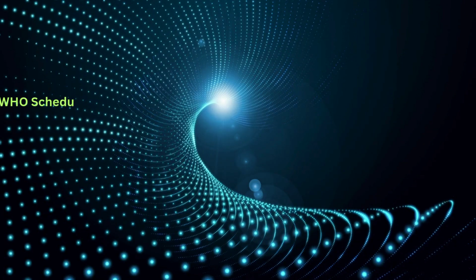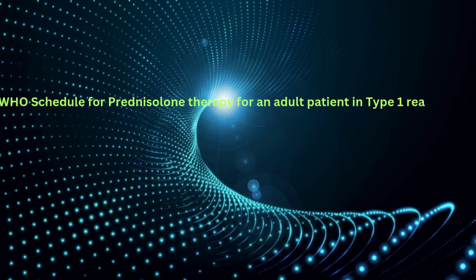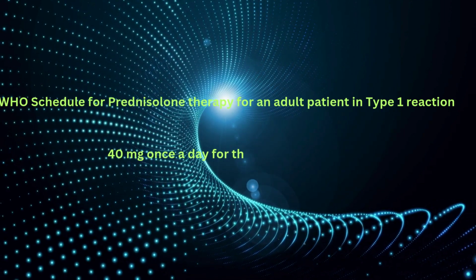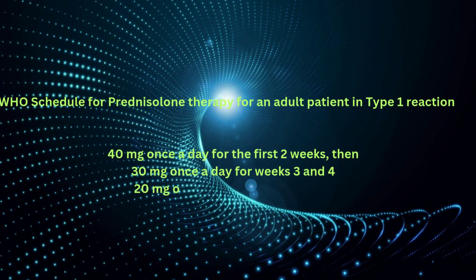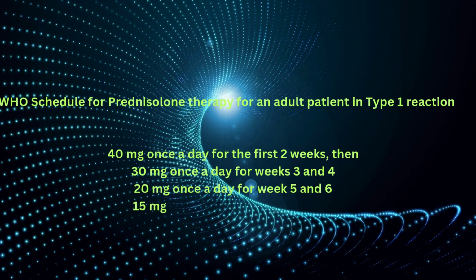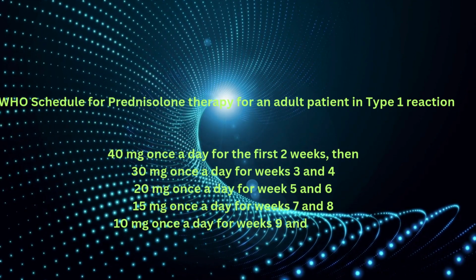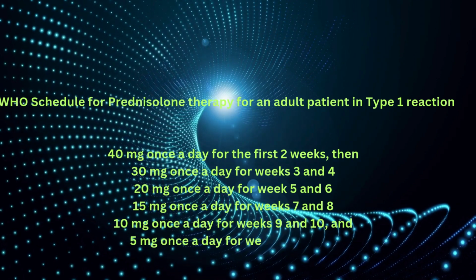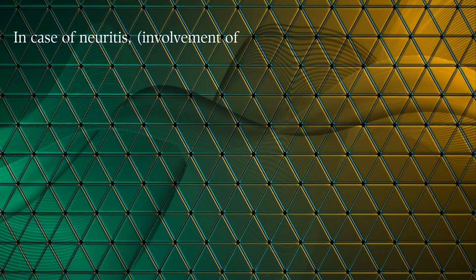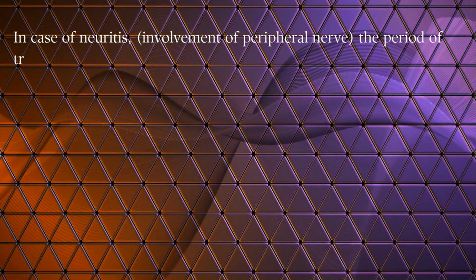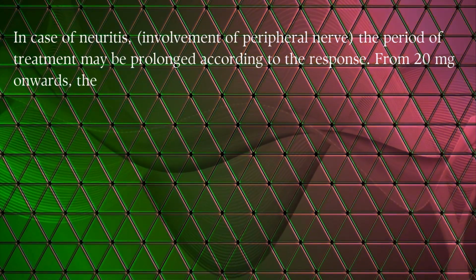Proper precaution should be taken in patients with diabetes, peptic ulcer, hypertension, tuberculosis, etc. Necessary precautions for administering steroids should be taken. What is the schedule for prednisolone therapy for an adult patient in type 1 reaction? 40 mg once a day for the first 2 weeks, then 30 mg once a day for weeks 3 and 4, 20 mg once a day for weeks 5 and 6, 15 mg once a day for weeks 7 and 8, 10 mg once a day for weeks 9 and 10, and 5 mg once a day for weeks 11 and 12.